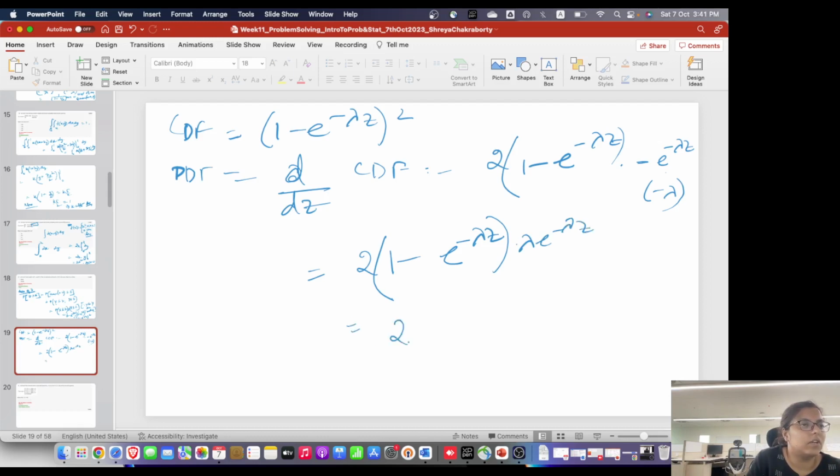So it is 2 lambda e to the power minus lambda z (1 minus e to the power minus lambda z). This is the distribution of the max.